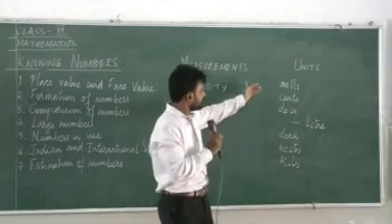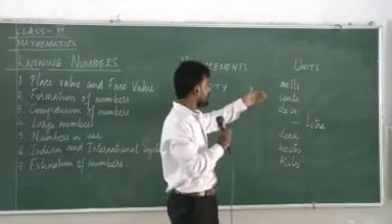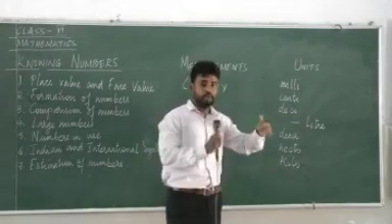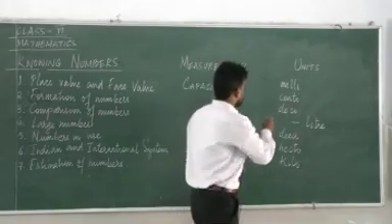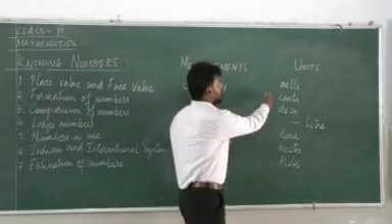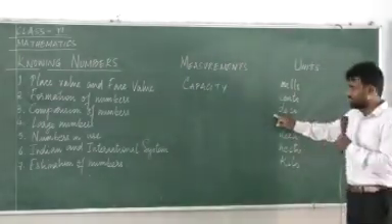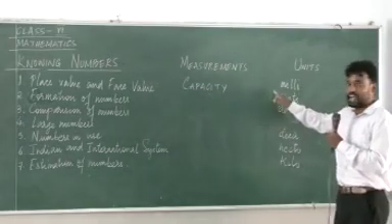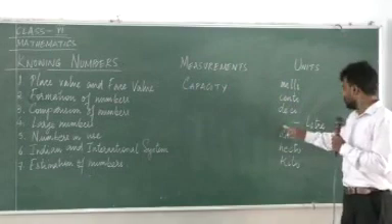Remember, each value is 10 times of the value which precedes it. For example, 1 centiliter is equal to 10 milliliter. Similarly, 1 deciliter is equal to 10 centiliter. 1 decaliter is equal to 10 liter.